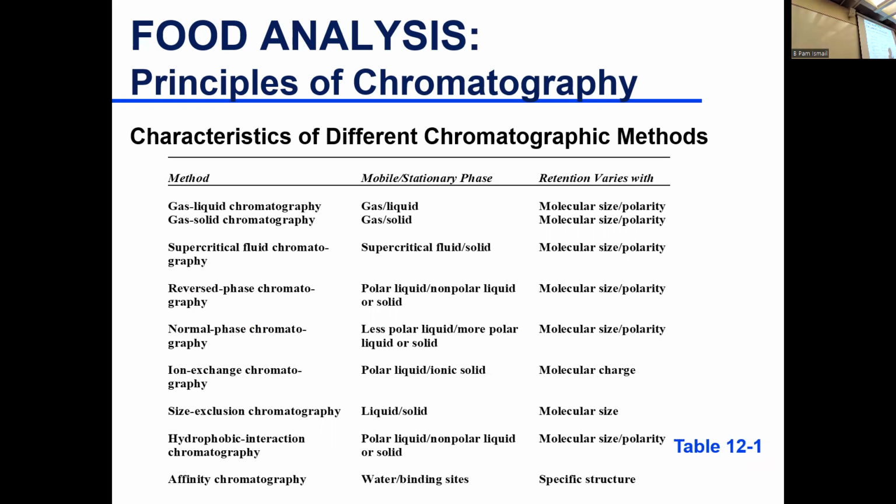What is a retention? Retention meaning the retention of the compounds on your stationary phase or on your column. So the retention or the interaction or the affinity to your stationary phase varies in gas chromatography based on molecular size and polarity.